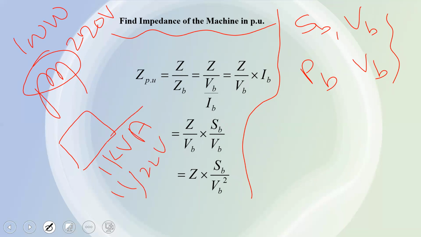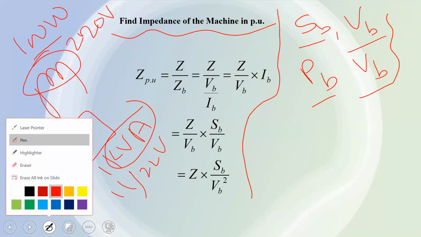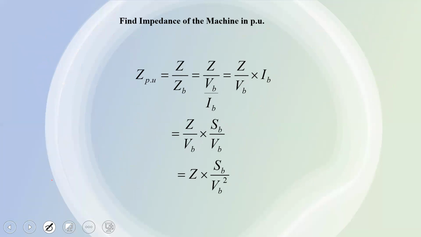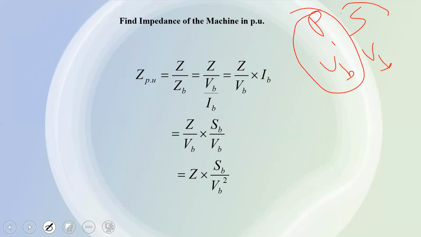So usually either power or voltage is given as the rating, or apparent power or voltage is given as the rating of the machine. So generally we select either active power or voltage as the base, or complex power or apparent power or voltage as the base, because this is given as the rating of the machine.